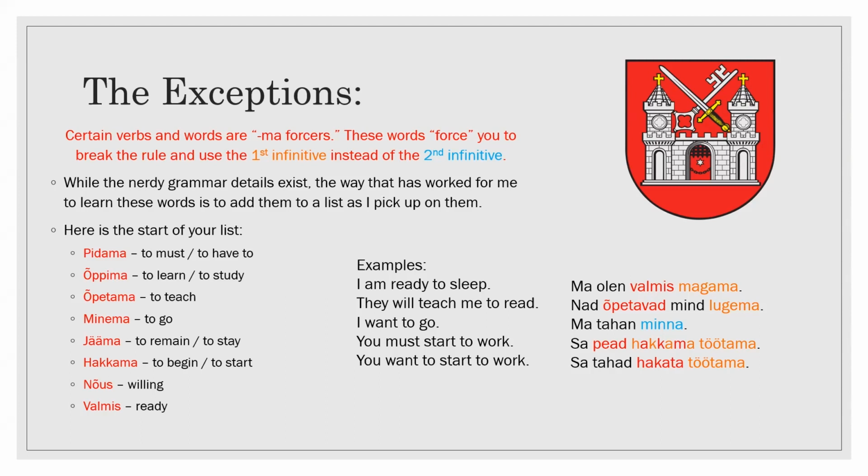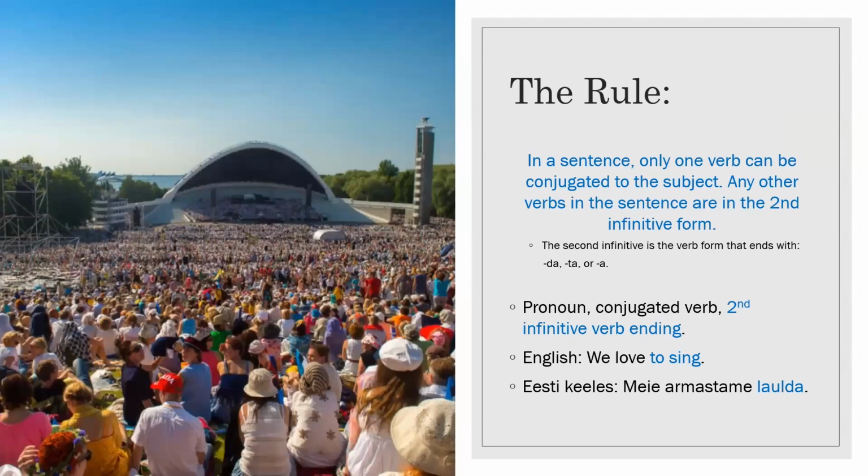Hopefully these exceptions are making sense to you. They actually come up pretty frequently, but like I said, 90% of the time we are going to be following that rule. And the rule is that the first verb of the sentence is conjugated to the subject with the MA infinitive, and the second verb of the sentence or any secondary verbs after that are in the second infinitive form, which often ends with the DA.